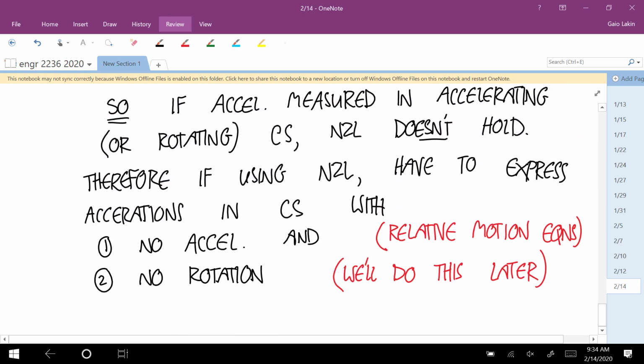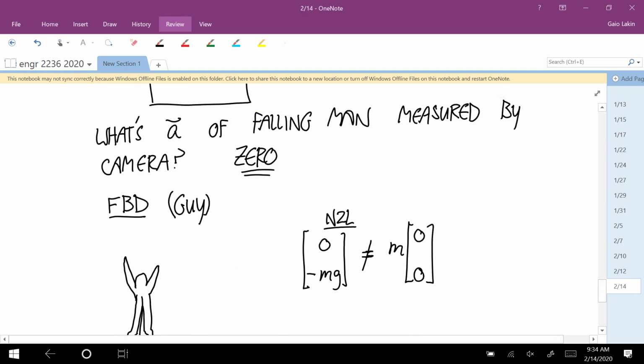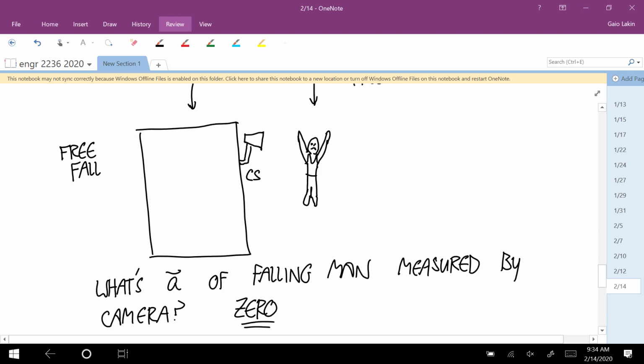But this is what I wanted to get at: if you're going to use Newton's second law, which is the main reason that we care about accelerations at all, because Newton's second law is the skyway that takes you from kinematics to kinetics, you have to represent your accelerations in the ground coordinate system, a coordinate system that's inertial.